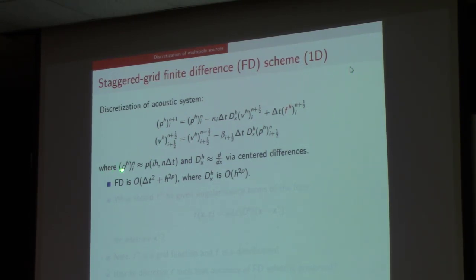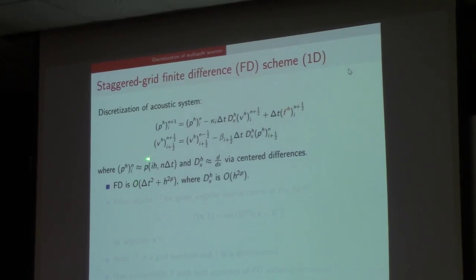P_h^n_i here is the approximation to the pressure field at the grid point i in space and the nth grid point in time. These D_h's are supposed to represent a discrete version of the derivative. In this case, it's a center difference approximation to a derivative. These kinds of approximations are second order in time and 2p order in space if you use a 2p order method in space.